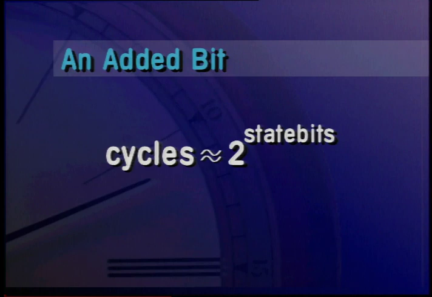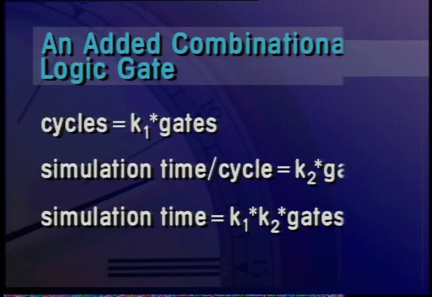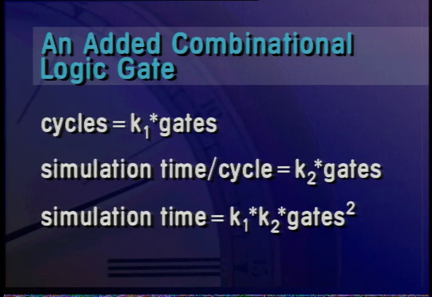If you add bits of state to a model, which remember is one of the uses of new gates, then in the abstract, the number of simulated cycles required increases exponentially. As you add gates to combinational logic, the number of simulated cycles required increases proportionally with the number of gates. That is because you need to have a cycle which tests each of the possible input combinations of each gate in the block of logic in order to determine that the proper output is obtained.